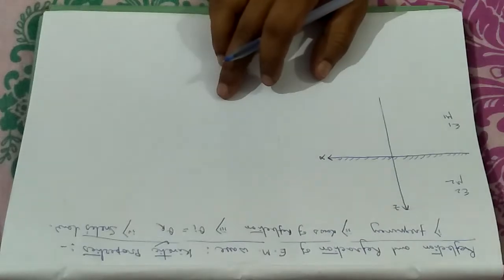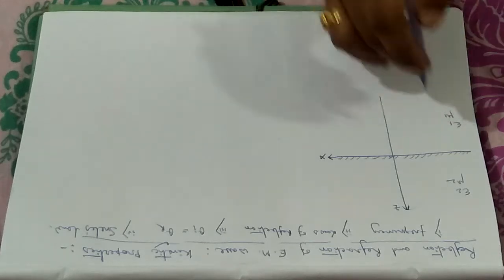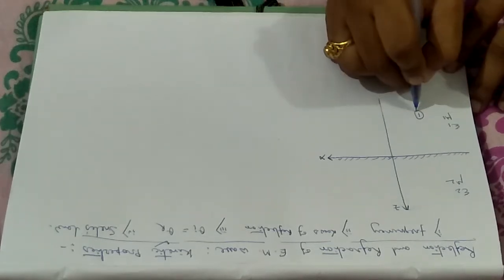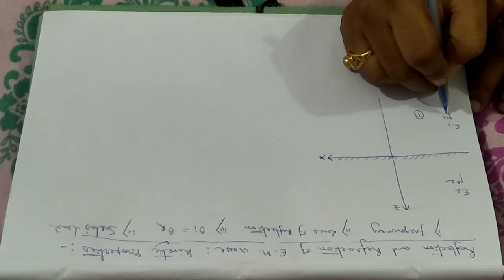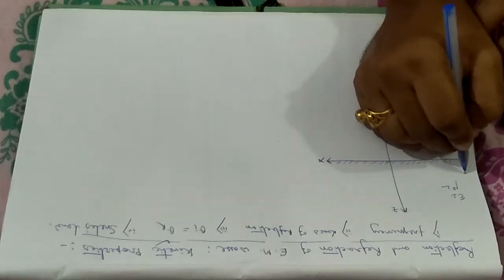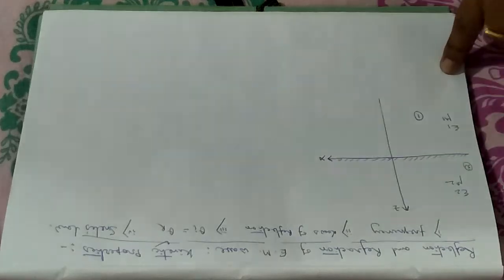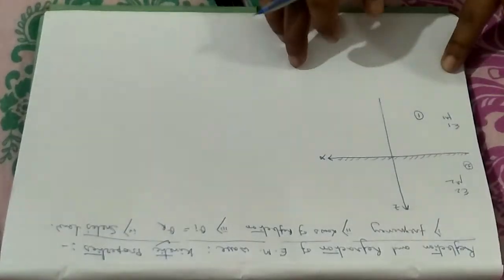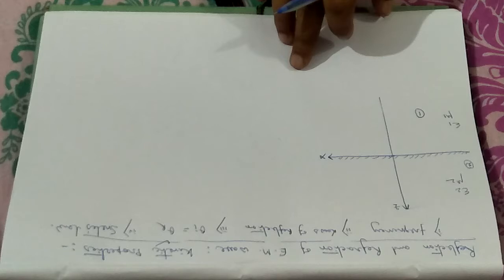What is epsilon? Epsilon is the permittivity and mu is the permeability of the medium. So for the first medium, the permittivity and permeability are epsilon 1 and mu 1, and for the second medium, they are epsilon 2 and mu 2 respectively.